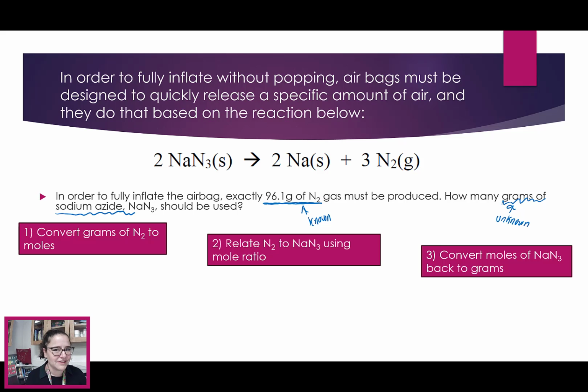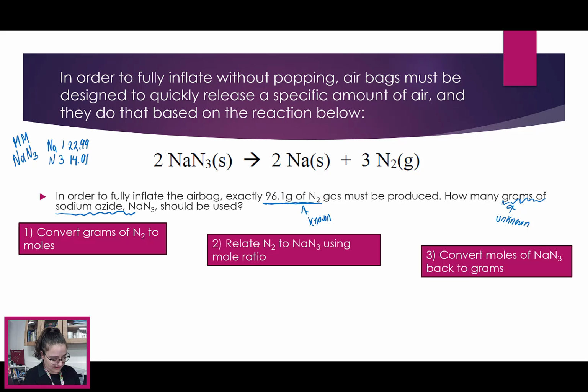Now, anytime we see grams in a problem, what do we know we're going to need? We're going to need that molar mass. So let's go ahead and find our molar masses to start. I like to find them and just write them right under the compounds in the chemical reaction itself. So for the molar mass of NaN3, we got one sodium, which has a mass of 22.99, and then we got three nitrogens, which each have a mass of 14.01.